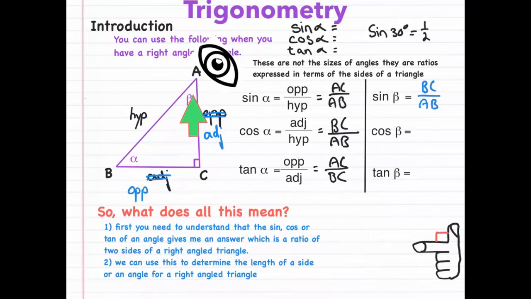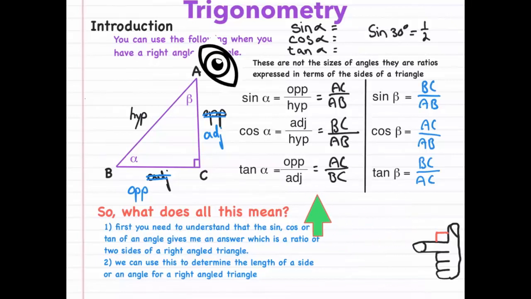Now the cosine of beta will be my adjacent, which is AC. Okay, so let me write that, which is AC divided by the hypotenuse, which is AB. Okay, great. And now, how about the tangent of beta? The tangent of beta is always my opposite divided by my adjacent, so it's BC divided by AC. And we are done.